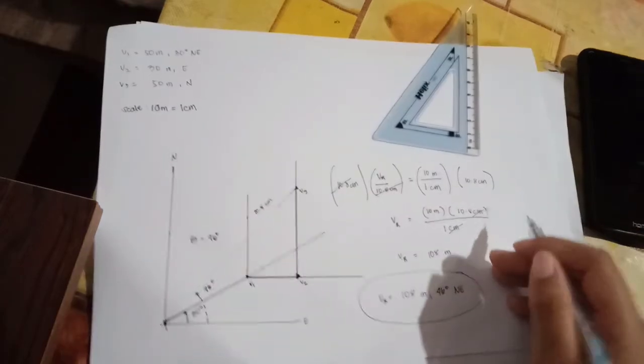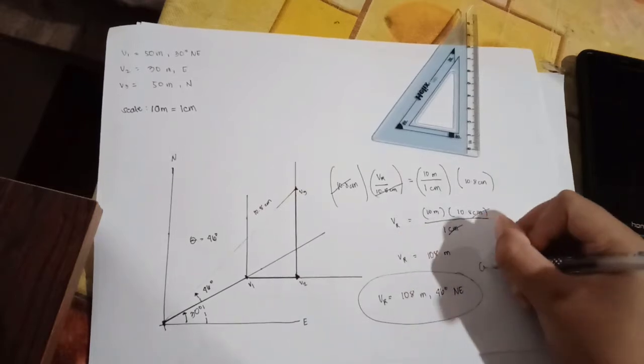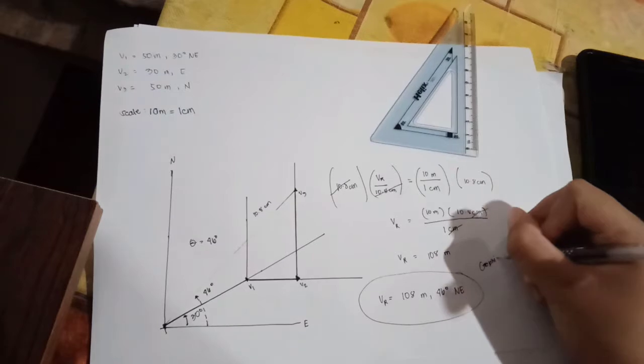Our vector resultant now is 108 meters and 46 degrees northeast. This method is what you call the graphical method.